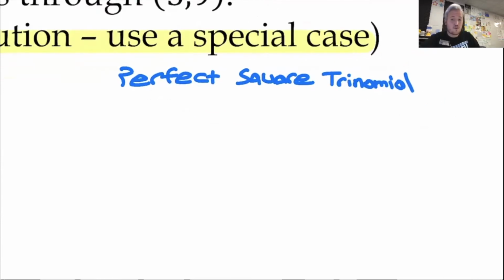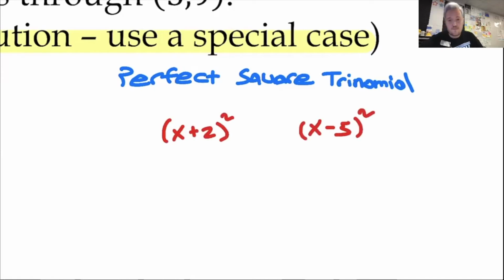An example would look like x plus 2 squared or x minus 5 squared. So it's just that one binomial squared.